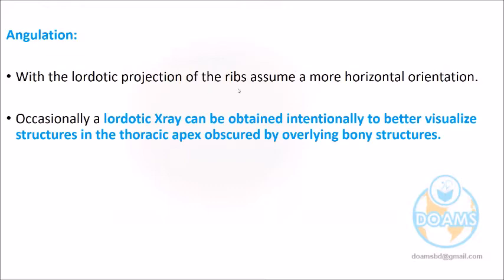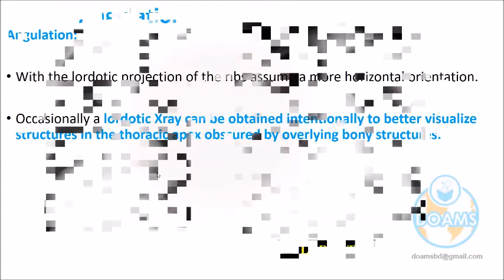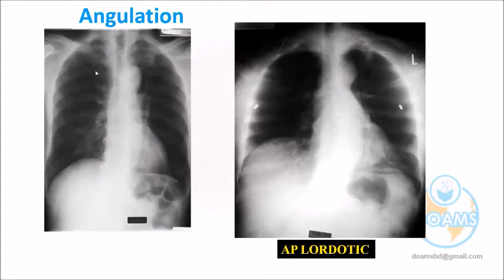And the ribs also, you know, initially go down, the middle ones are obliquely placed, and then again go up. From behind the ribs are coming and anteriorly they vanish, because there is only cartilage at the anterior part. The angulation also creates the problem.